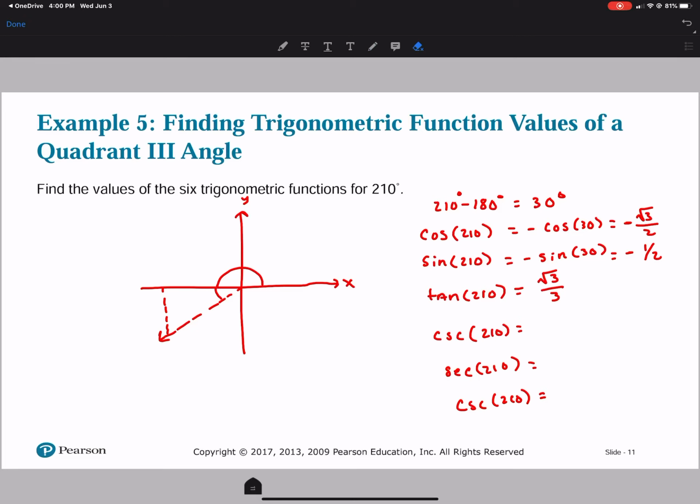Now you have to flip these. But we're still going to have negative, still going to be negative because sine is negative. So cosecant will be negative 2. And secant will be negative 2 times the square root of 3 over 3, because it's going to be 2 over the square root of 3, then you have to rationalize it.